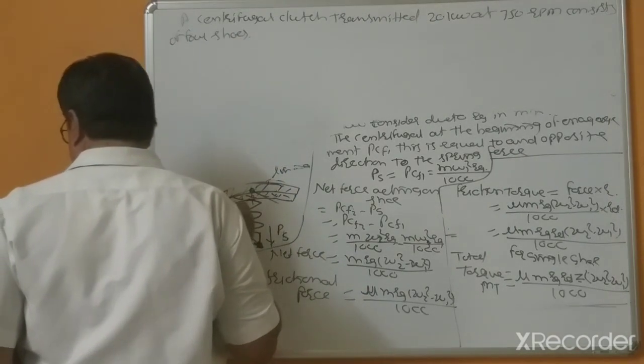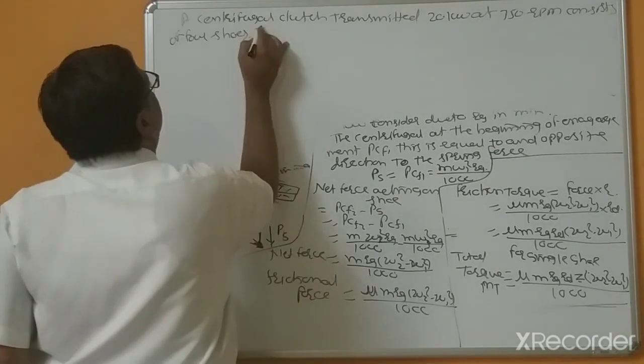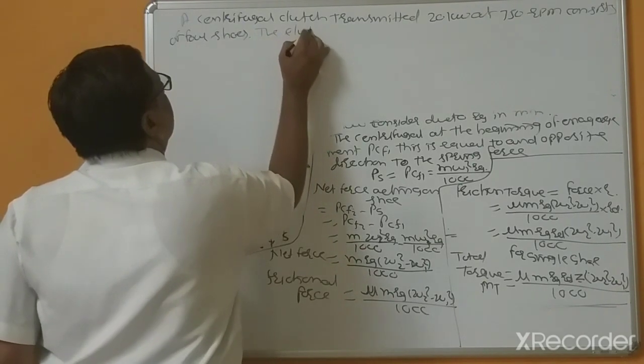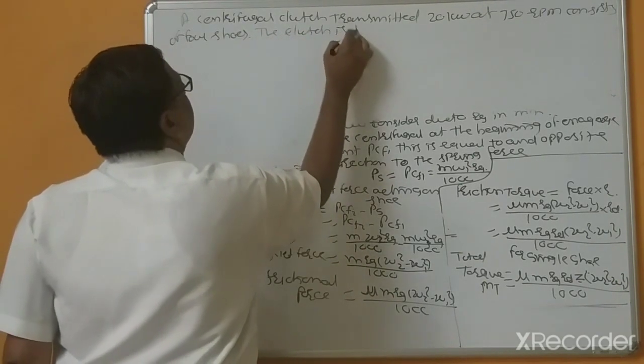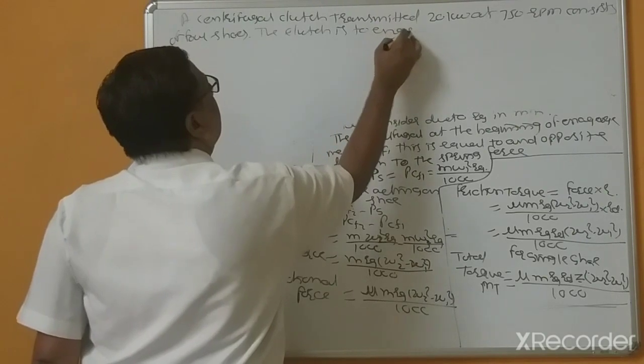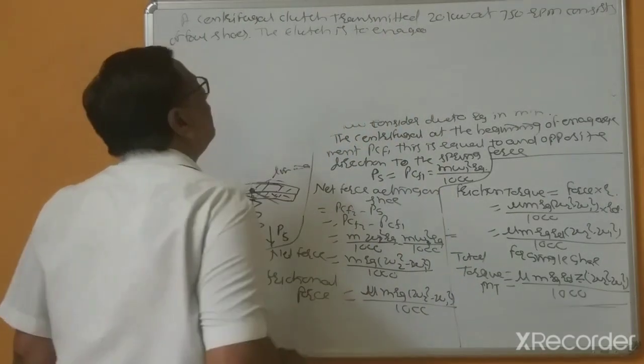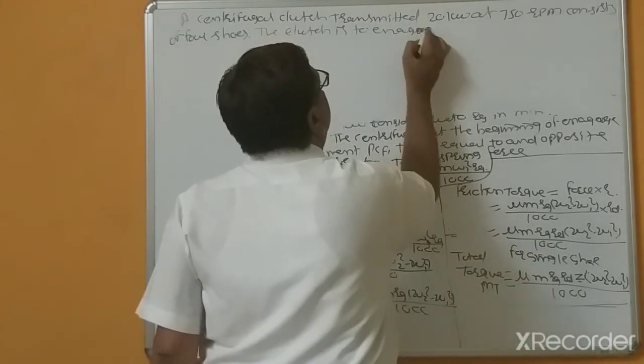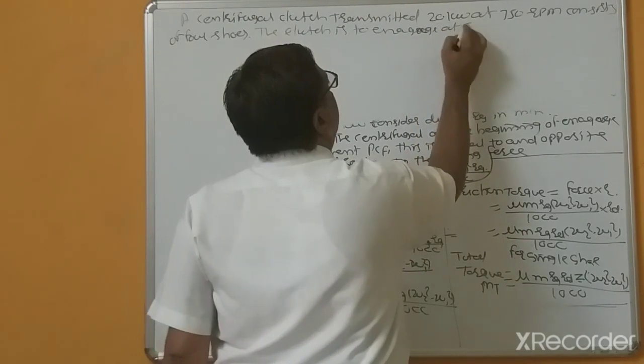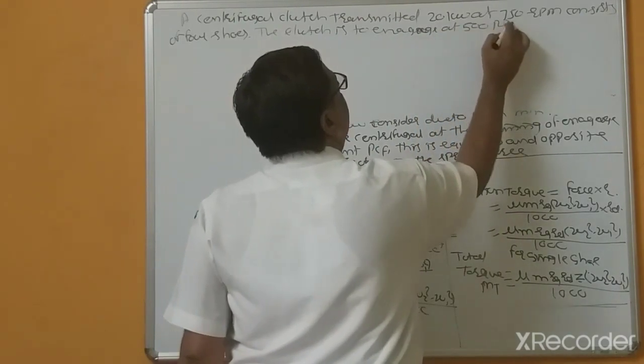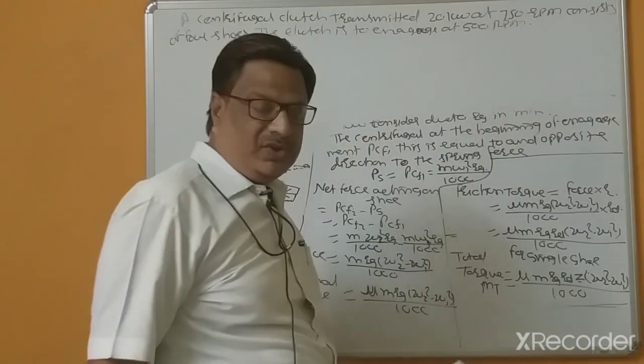The clutch is to be engaged at 500 rpm. So this is N1.